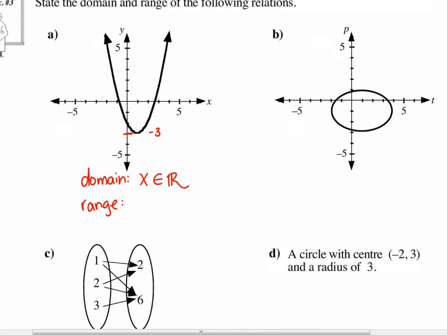First of all, which variable? y is greater than or equal to -3. Because it's going up, right? Up is greater than or equal to. It's going up from -3. So we're going to use greater than or equal to. So up is greater.